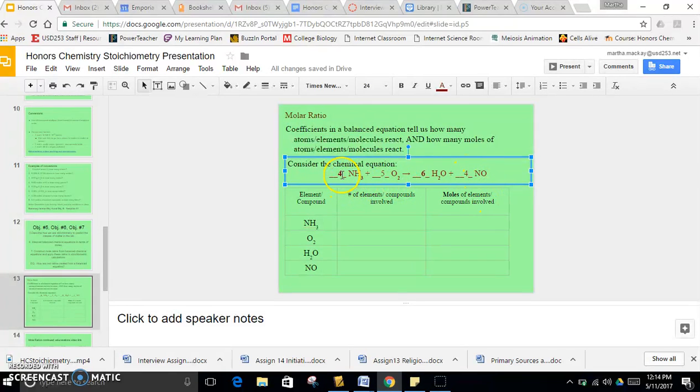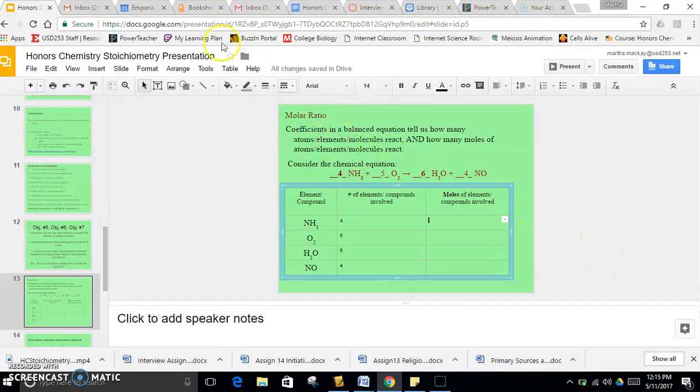So balancing it out, these numbers in front could mean atoms or they could mean moles. So how many atoms of NH3 would I need? I would need 4 to make that reaction go. I need 5 atoms of oxygen, I need 6 atoms of water, and I need 4 atoms of NO. But I could also think about it in terms of moles.